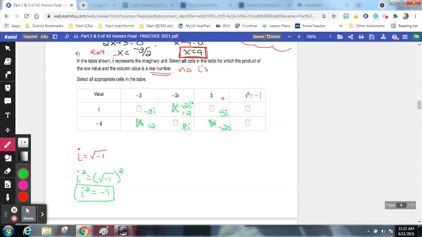So why don't we use that? i times negative 1 is negative 1i. Not real. Negative 4 times negative 1 is a positive 4. That is real. Okay, so again, it's basically knowing that if I have an i left over, that's an imaginary number. If I have an i squared, or really any even i exponent, you're going to end up with a real value.